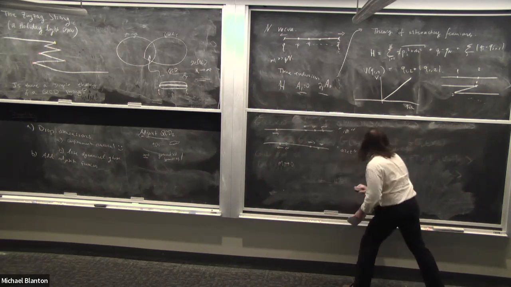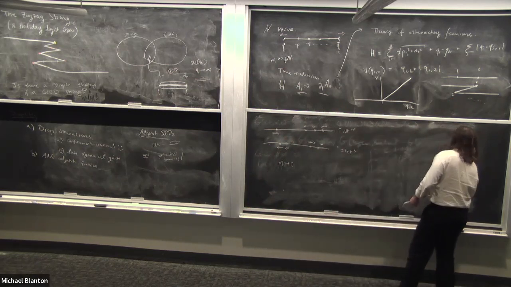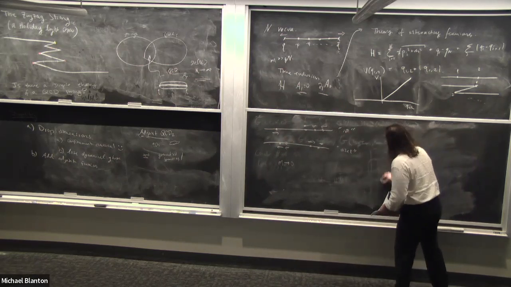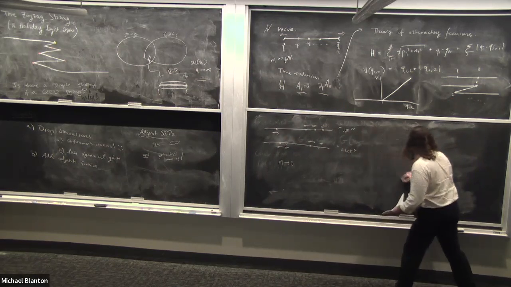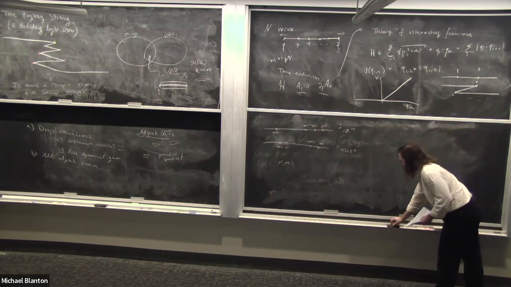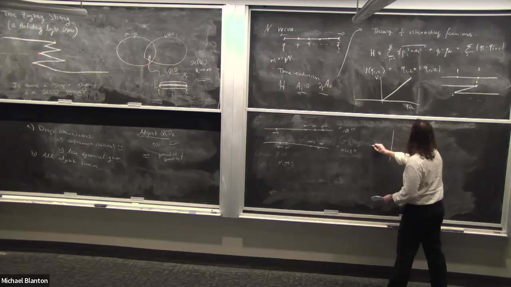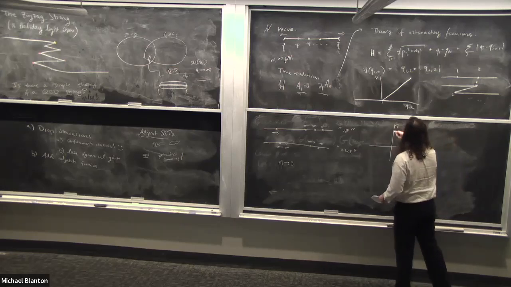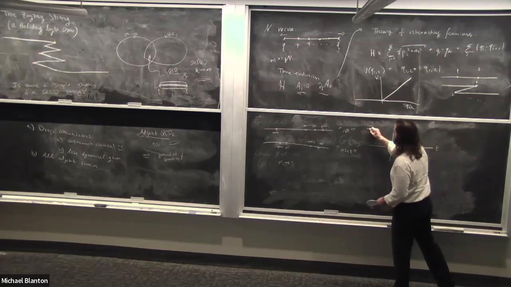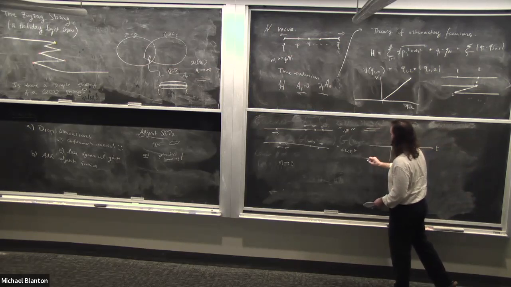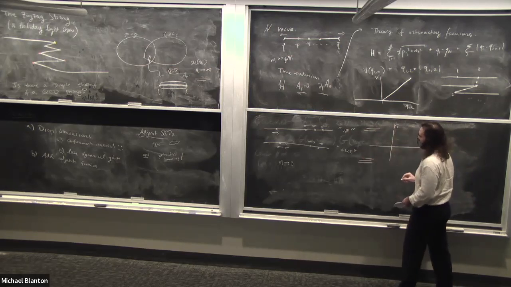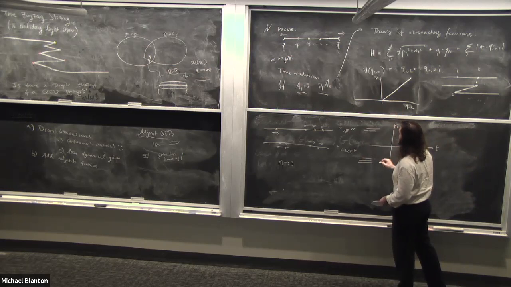So we're studying a scattering experiment. If I plot all the momenta of the particles, we start with some incoming left movers and right movers. They start to cross each other.